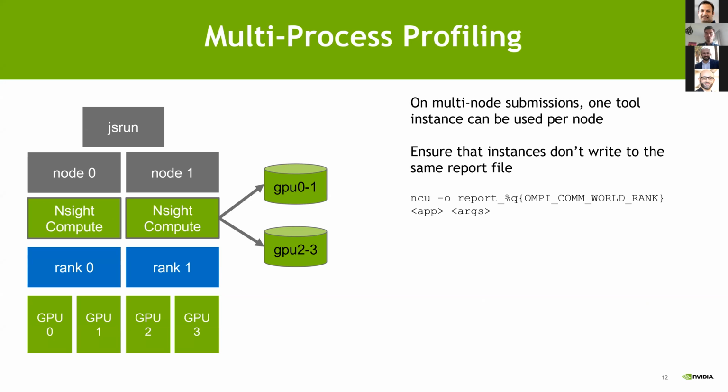One way that is commonly solved is to use one of these placeholders that I mentioned already, in this case %q. Then let's say you have an Open MPI application, you could put your MPI world rank there, and that would make your report files named uniquely.